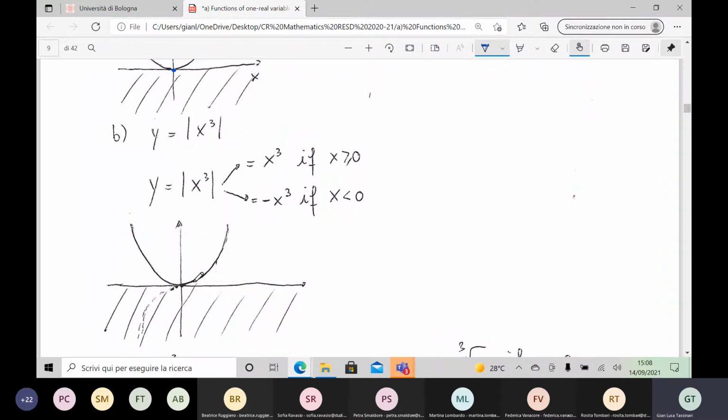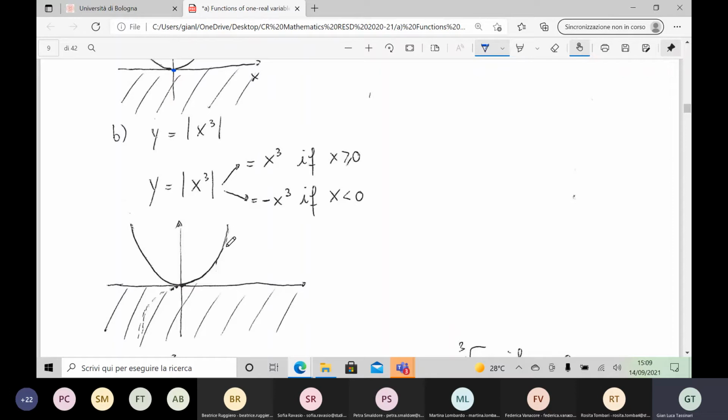It was symmetric around the origin, it passes through the point 1, 1, and this is the graph of x to the power 3. But remember, we need to plot the graph of x to the power 3 if x is greater or equal than 0. So here we need to plot the graph of x to the power 3, which is this branch.